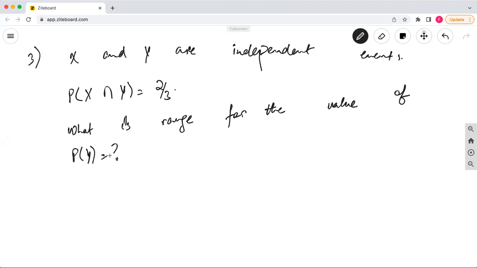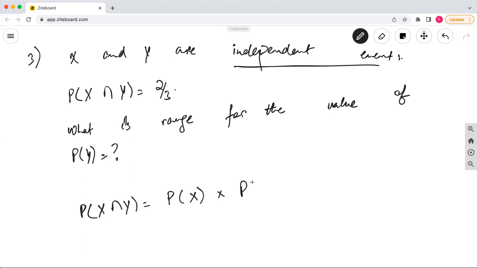We are just given that both of these events are independent, and we are given the AND probability, and we are asked what is the range of the possible value of probability of Y. As a first thing, these are independent, and for independent events the AND probability is just the product of their probabilities, probability of X into probability of Y. And this is 2 by 3, and we are asked for the probability of Y.